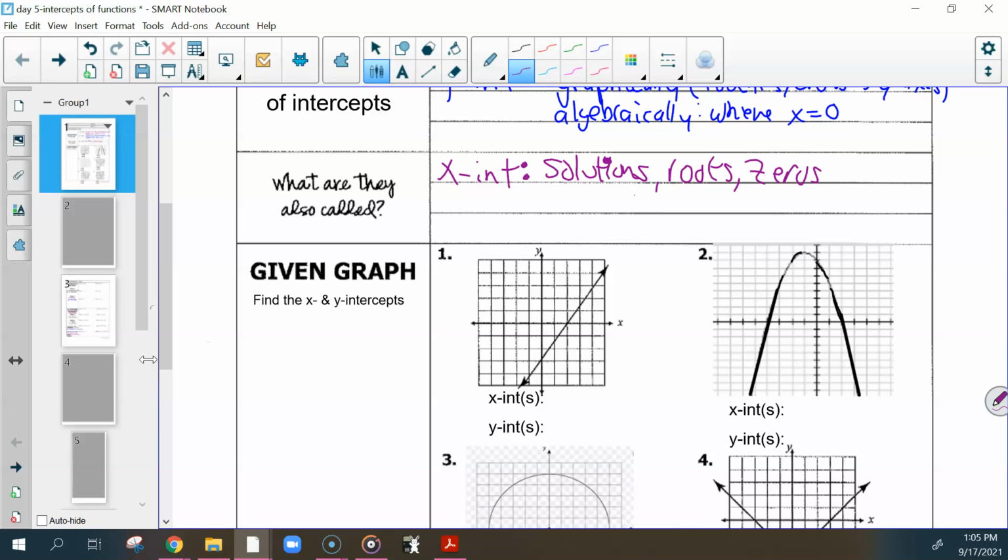Okay. So from a graph, you're just looking at where does it cross the x-axis, where does it cross the y-axis. So for number 1, it might be easier if you look at your own paper than trying to look at my graph. Where does that line cross the x-axis?